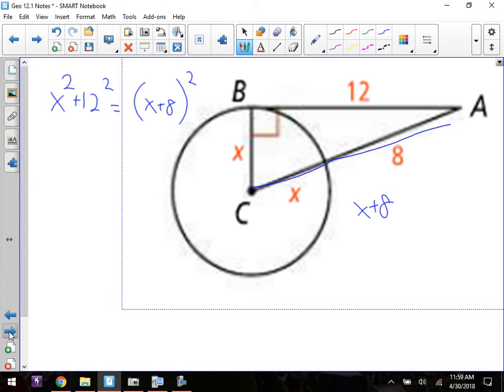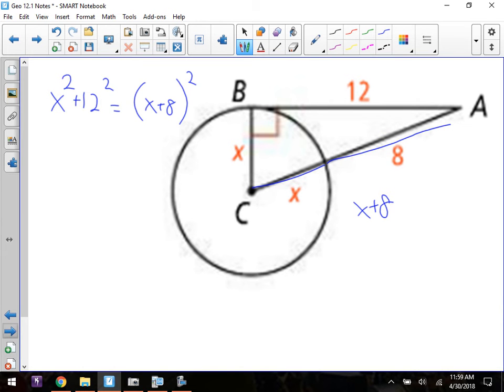And when you have that, you have to FOIL. If you forgot that, you have to FOIL out. What does FOIL stand for again? First, outer, inner, last. You have to actually distribute out. Basically, FOILing is distributing twice.